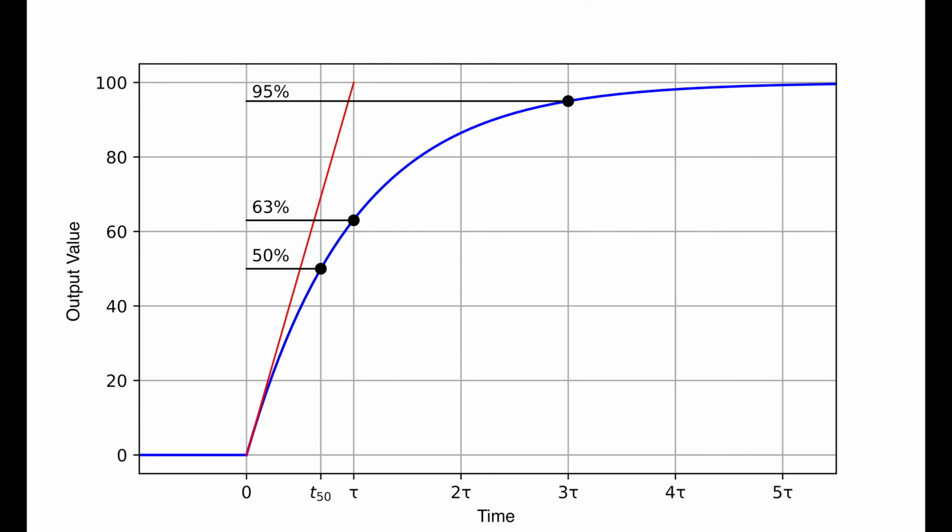On a graph, this time constant appears very clearly. Here we have a function of type 1 minus exponential of t over tau. You can see that after a tau, the measured value reaches 63% of the value at infinity. Why 63%?